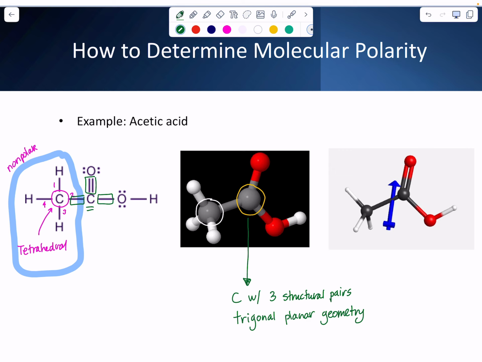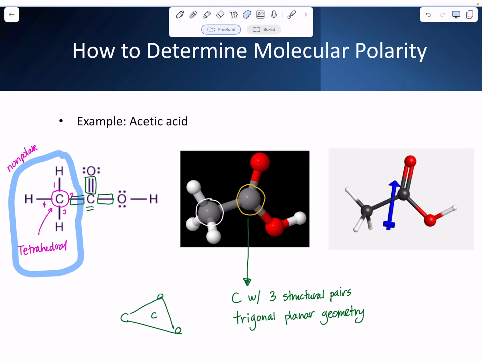All right, so what that means is we've got our carbon, our oxygen, the other oxygen, all in a triangle, with this carbon in the center.